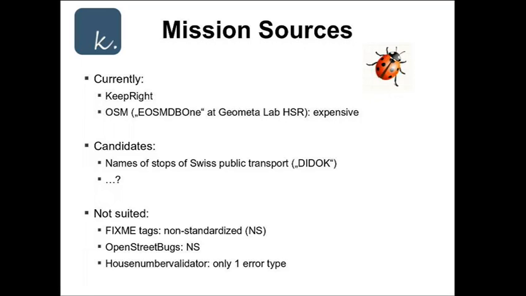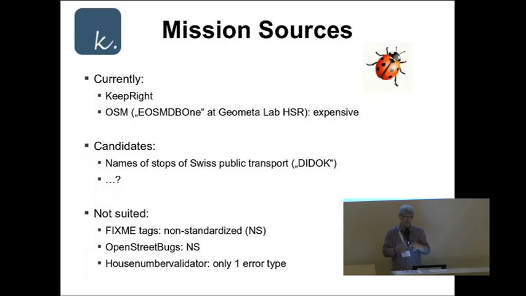Then there are new candidates which are not yet included, and that's one of the main messages I want to tell you: how could we extend the Kort game? There are also missions and errors which are not suited for this kind of simple filling up the gaps.